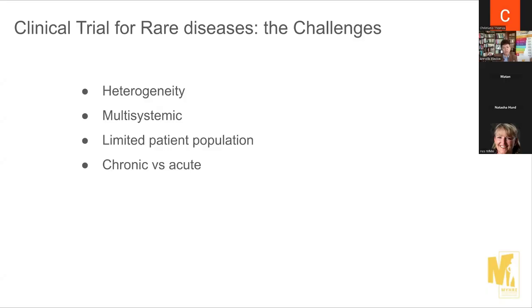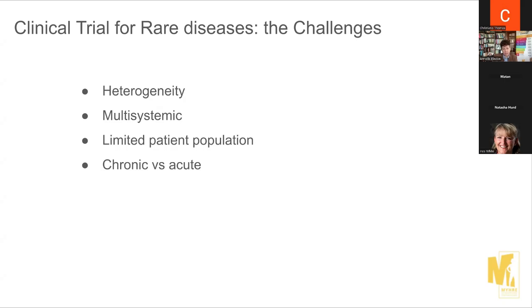So what are you going to look at? It's multi-systemic. You don't know which one you want to choose if you want to treat the whole syndrome. So that's also a challenge. Limited patient population, I'll talk about that also.